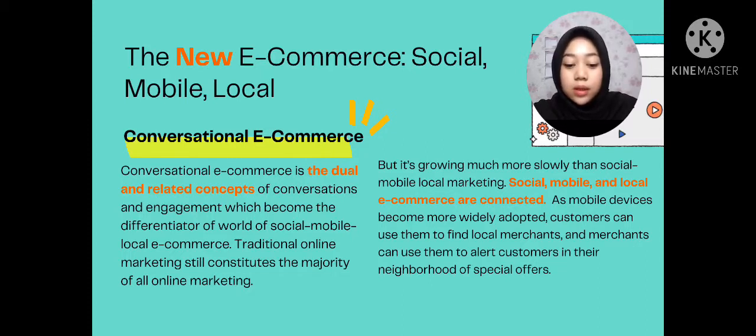Traditional online marketing still constitutes the majority of all online marketing, but it's growing much more slowly than social, mobile, local marketing. Social, mobile, and local e-commerce are all connected. As mobile devices become more widely adopted, customers can use them to find local merchants, and merchants can use them to alert customers in their neighborhood of special offers.